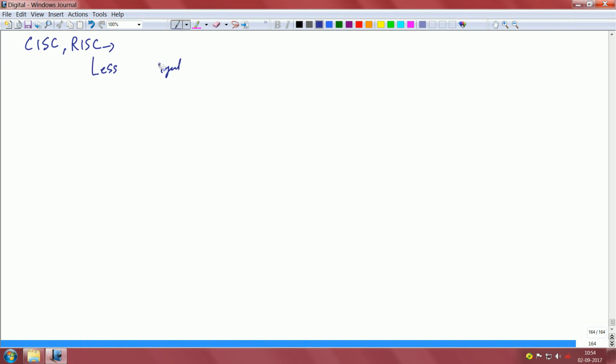I mean vendors will try to tell you many things, why they are meaningful, but they are less meaningful because there is a continued evolution of both. So I would say evolution of both CISC and RISC is happening, so this is getting blurred. So I would say do not go by what I wrote previously, I just wrote it for academic purpose.